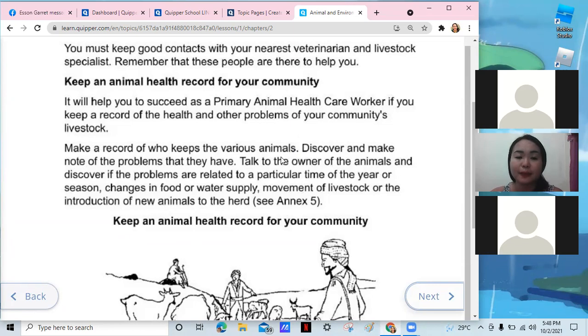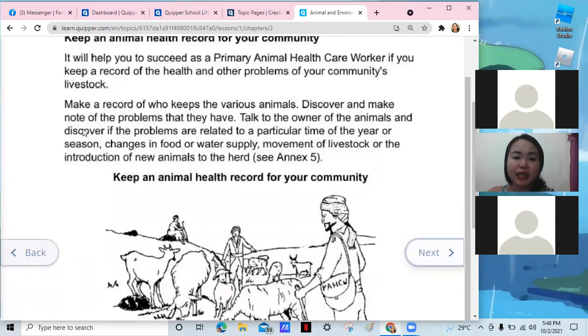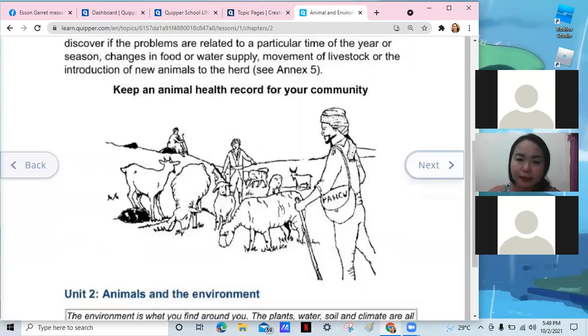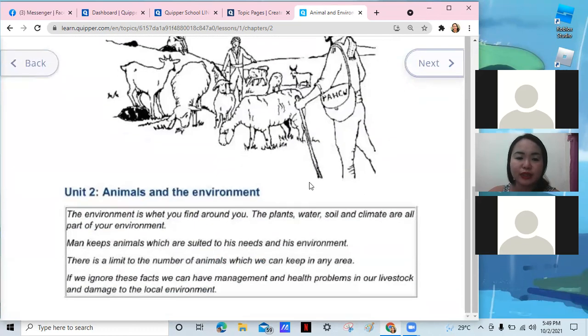There are only specific persons doing things like you. So make a record if possible, and discover and note problems, and you can talk to the owner of the animal about that particular problem, time of the year, season, or other information. So again, keep an animal health record in your community.